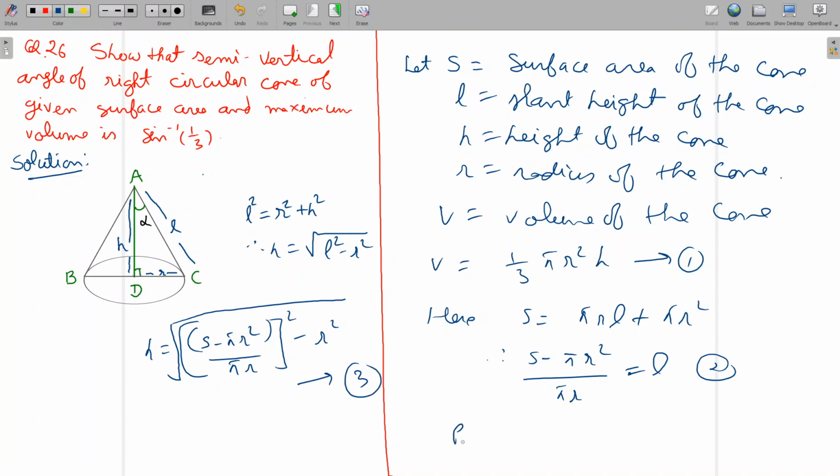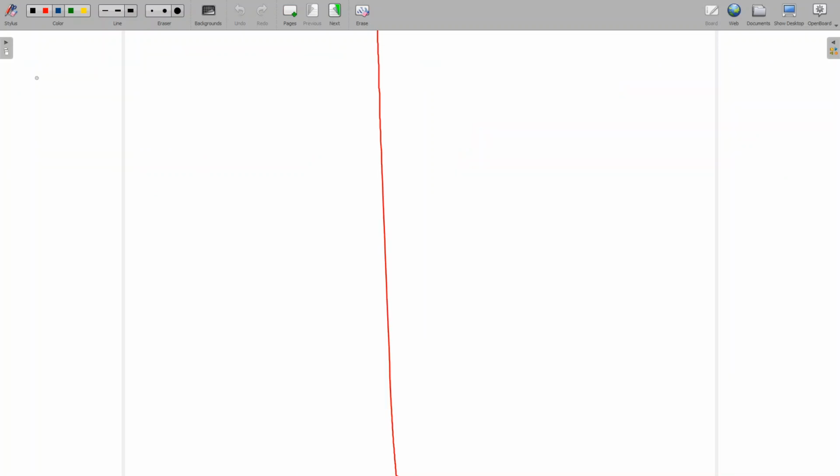So putting 3 in 1, we have V equal to 1 by 3 pi R square into H, and H was our S minus pi R square over pi R whole square minus R square.